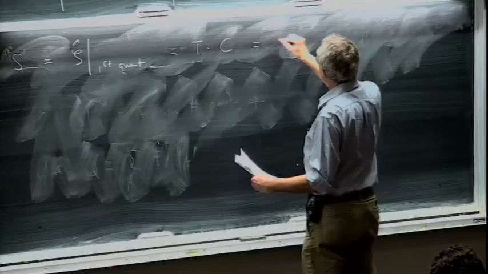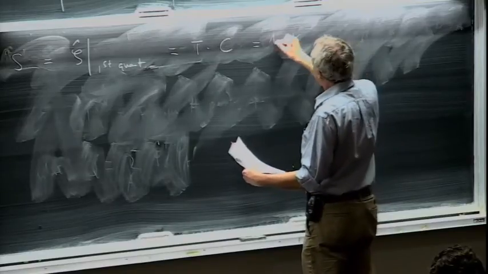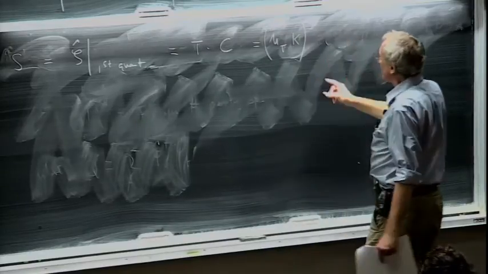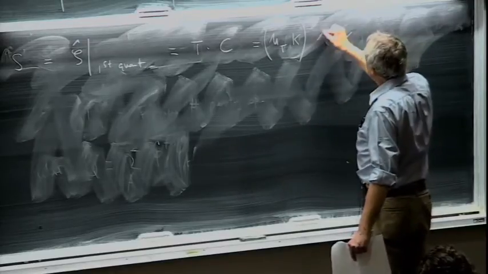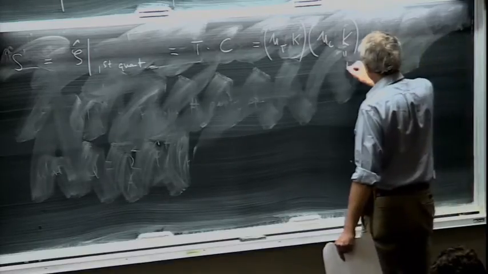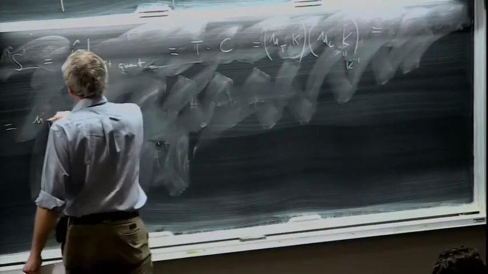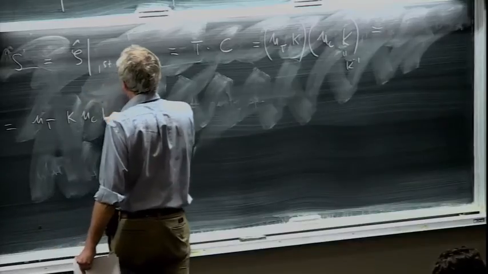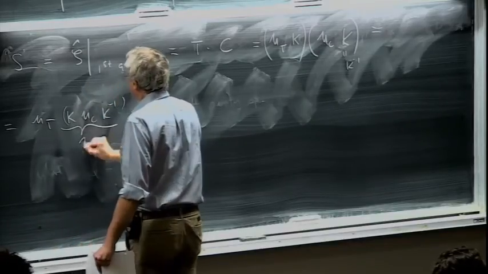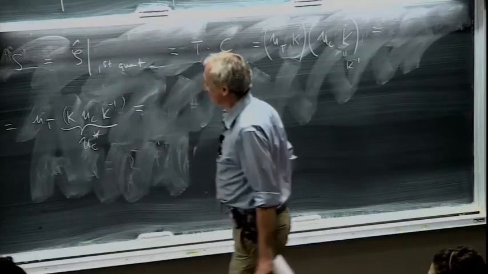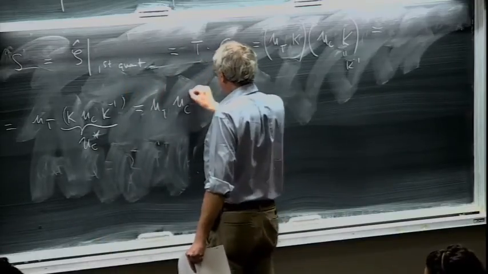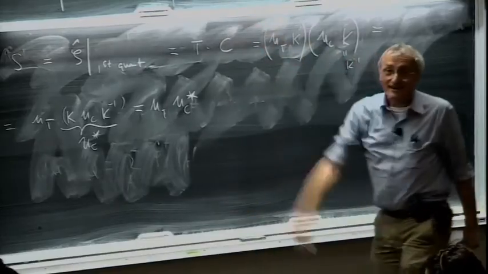So time reversal was complex conjugation times some unitary matrix. Charge conjugation was complex conjugation left multiplied with some unitary matrix. And then, of course, K is K inverse. And so we learn that this is UT K UC K inverse, but that's just another name for the complex conjugate matrix. So it's UT UC star, which is exactly what I've noted above.